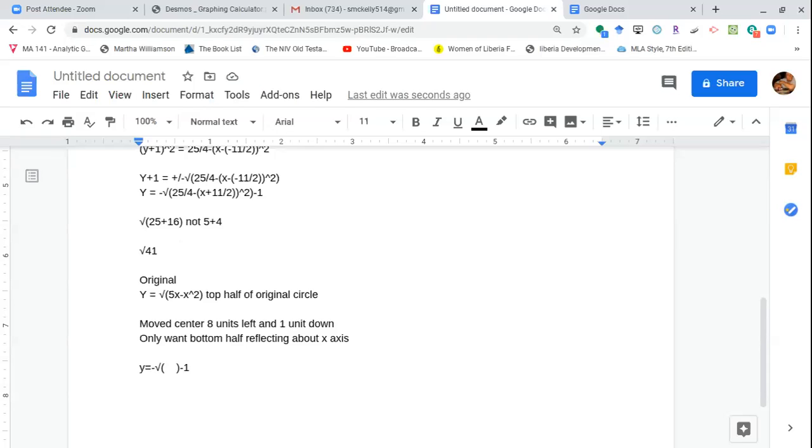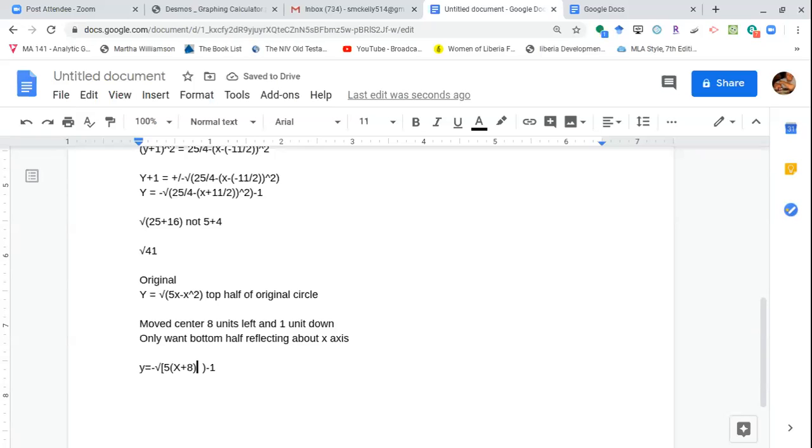If I moved it 1 unit down, I have to move this. My x is now not x. Everywhere I see x, I'm going to use a square bracket and put x plus 8, because I moved it 8 units to the left.